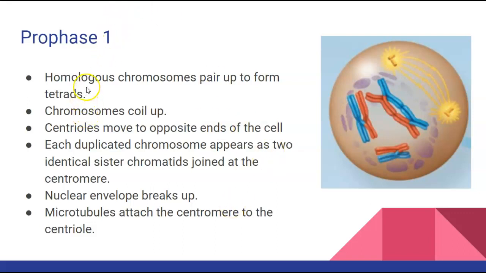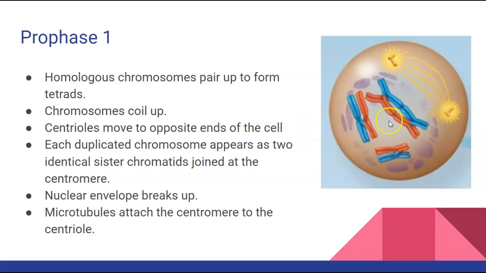So in prophase 1, chromosomes coil up, they form into actual chromosomes. The centrioles, your little mac and cheese guys, move to opposite ends of the cell, and each chromosome appears as 2 identical sister chromatids joined at the centromere, which is the little piece holding it together. The nuclear envelope dissolves, it starts to break up, and microtubules attach the centromere to the centriole.